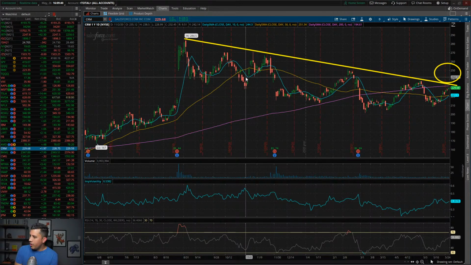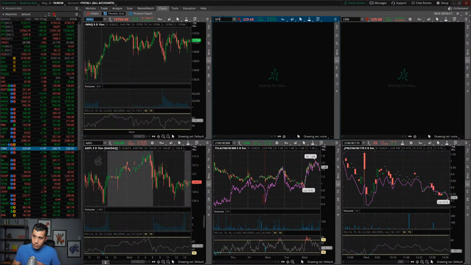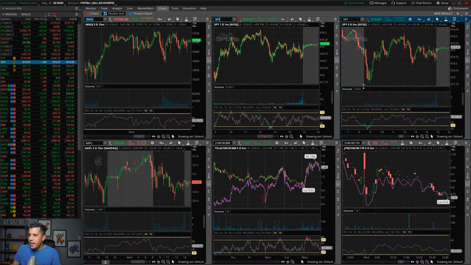What's the best time frame to look at trends? If you're day trading, obviously the most volume is going to be, if we look at SPY here, in the morning, and then at the close.